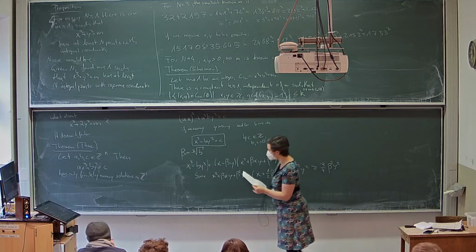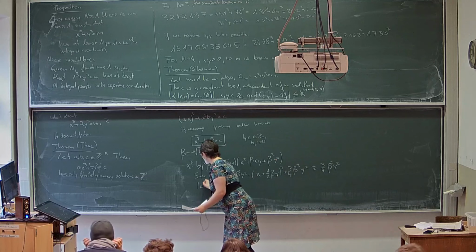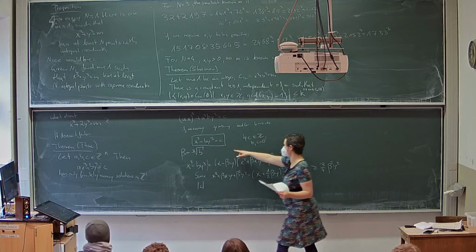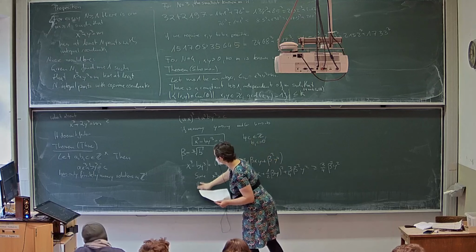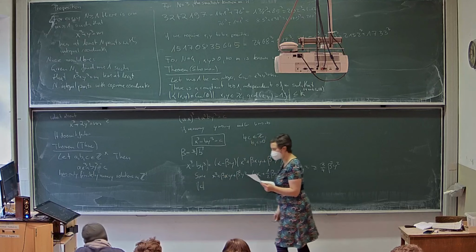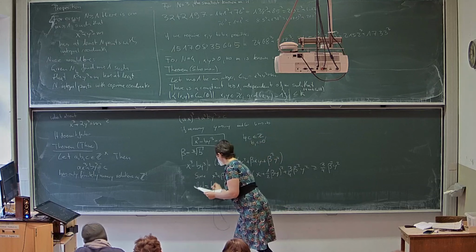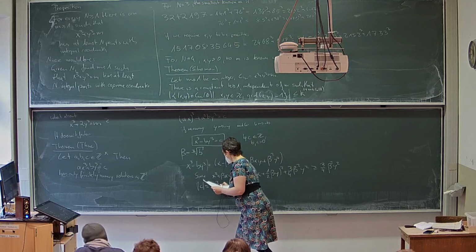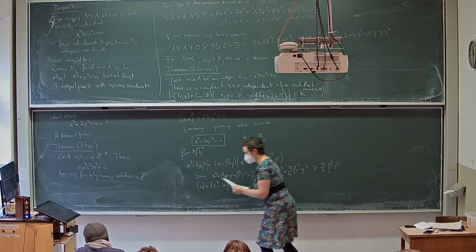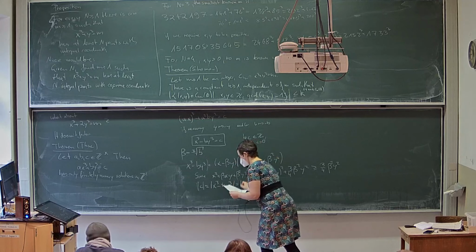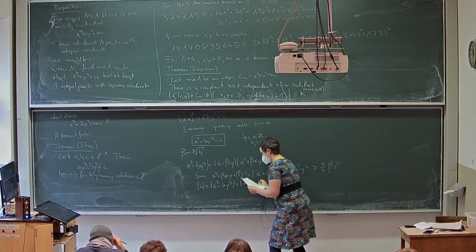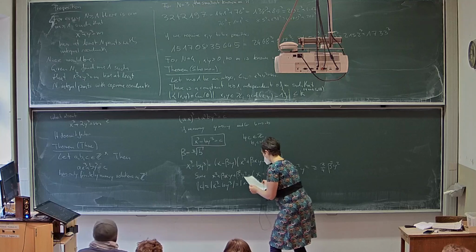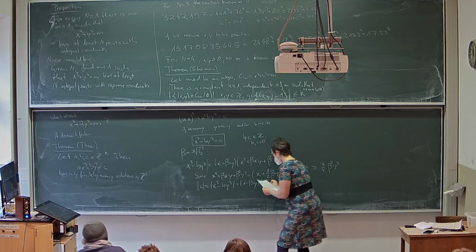And what else can we do? On the right-hand side, we actually don't need the absolute value because we said it's positive. This is x cubed minus b y cubed, just the factorization that we had before.